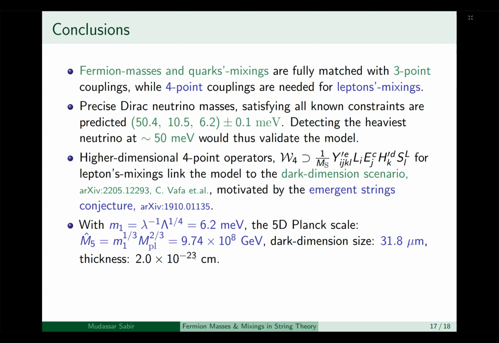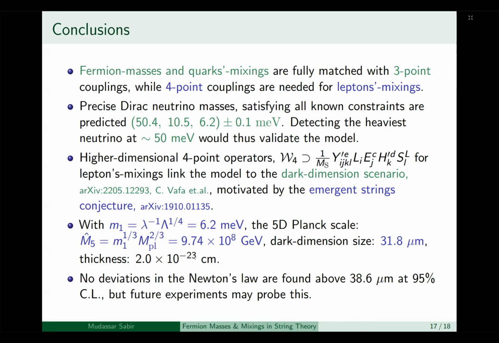So the case with two extra dimensions is still marginal. So maybe there are two extra dimensions in the dark dimension scenario. So we predict a neutrino mass of 50 MeV, and also, due to this dark dimension scenario, there will be some Newton's law violations around 32 micrometer.